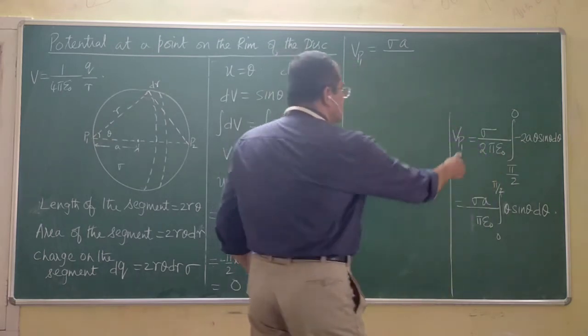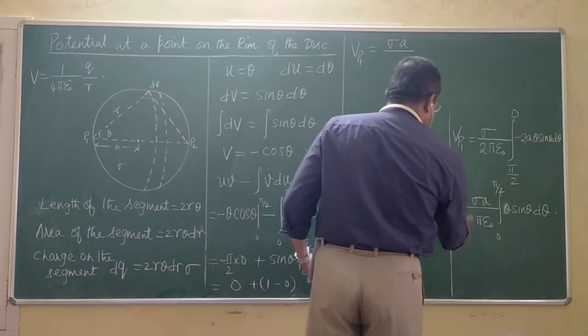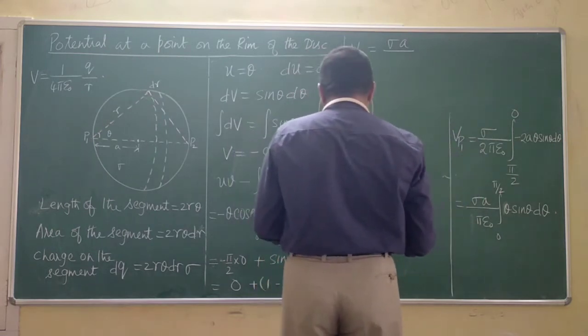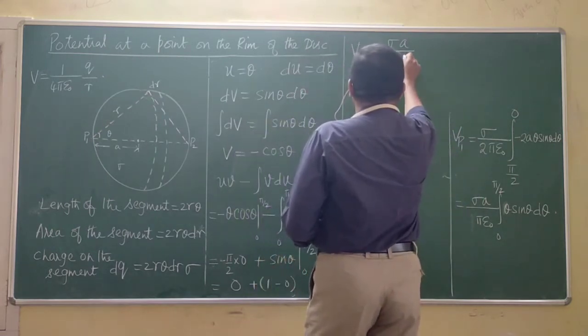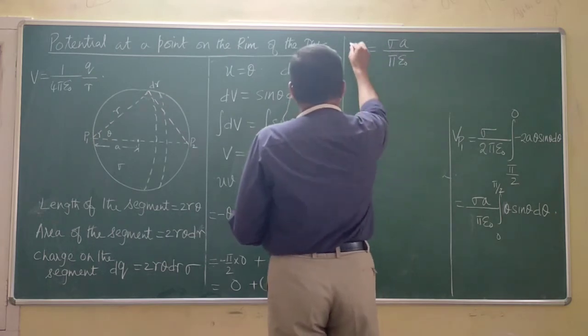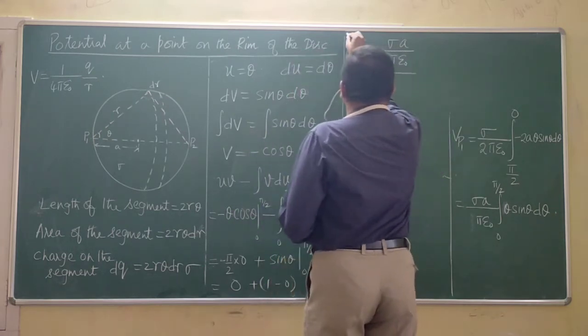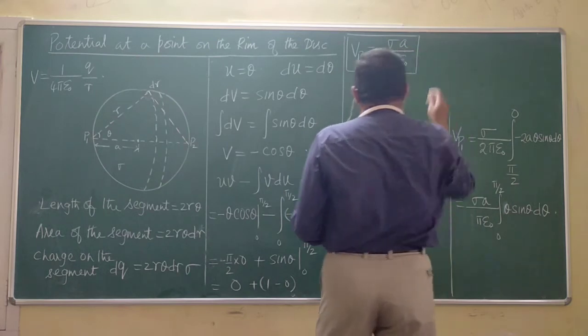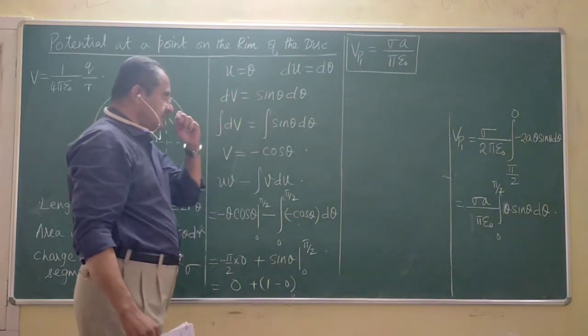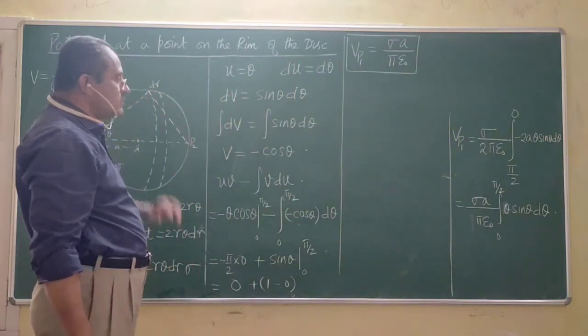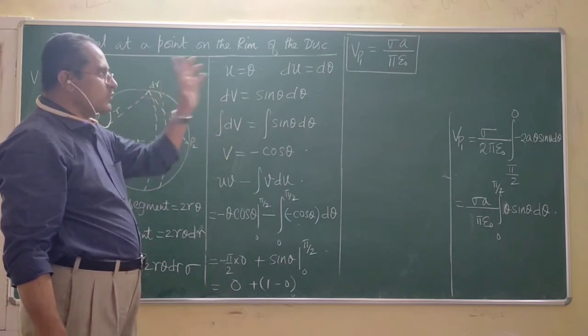This 2 will vanish, therefore you will get this as pi epsilon naught. This is the potential due to the rim of the disk at P1.